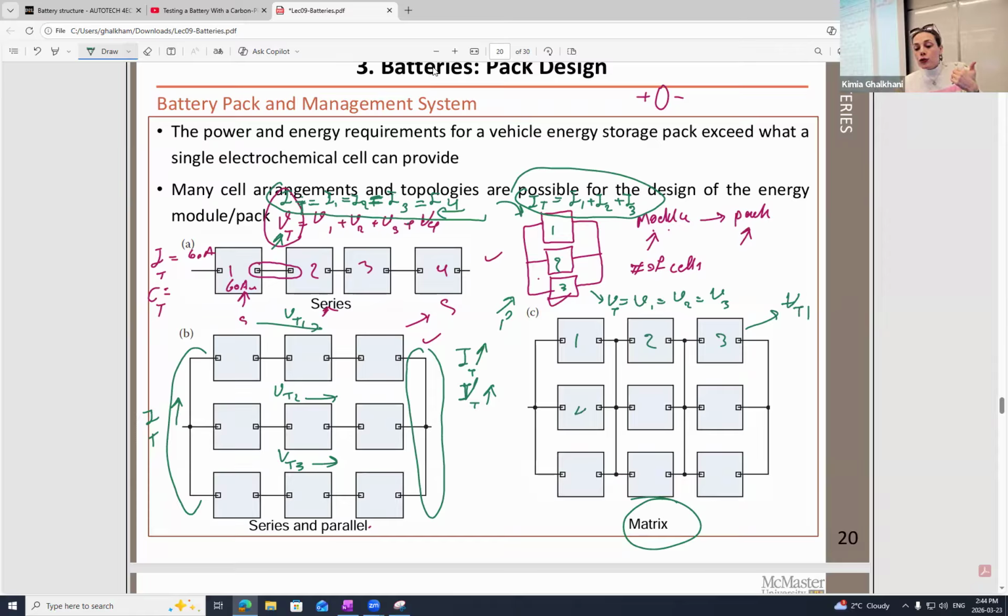Again, if this is 4, 5, 6, VT2 means total voltage in row 2. Also, it is increased in here. And then I have 7, 8, 9, total voltage in row 3 also increased. So far, I'm having increasing voltage.